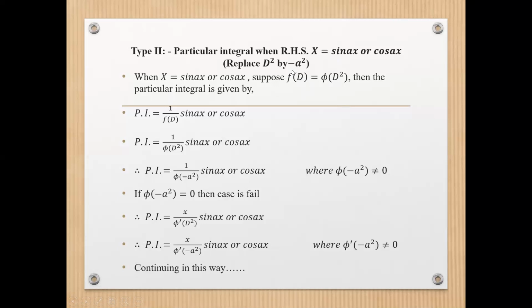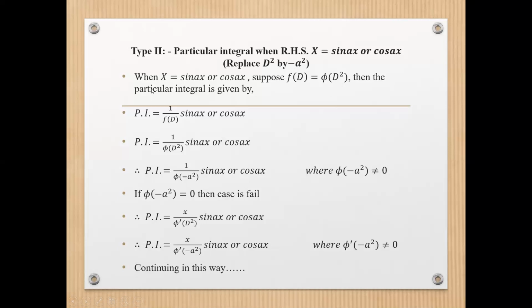As you know, a linear differential equation can be written as f of D y is equal to capital X, the right hand side of that linear differential equation. f of D is a polynomial in D. We suppose f of D as phi of D square. Why are we writing this? Because we have to replace D square by minus a square. That's why we are assuming f of D as phi of D square.